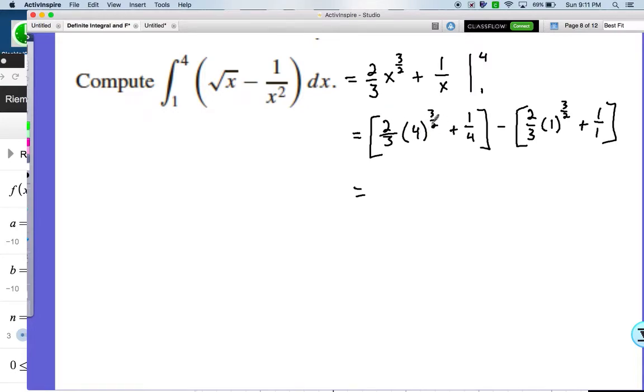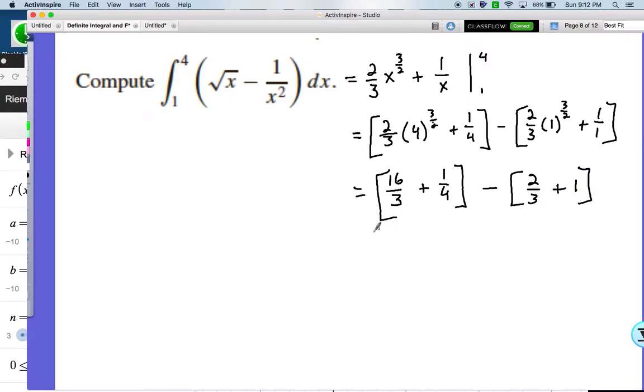The 2 on the bottom means this is a square root, so the square root of 4 is 2, and then raised to the 3rd power. So 2 to the 3rd is 8, times the 2/3 gives us 16/3, plus the 1/4. 1's a really easy one to do, so 1 to the 3/2 is 1, so it gives me 2/3 plus 1.